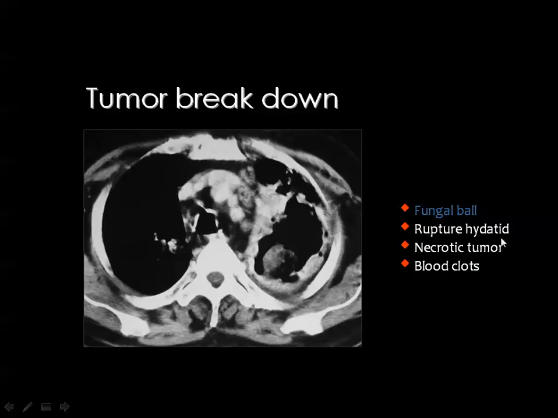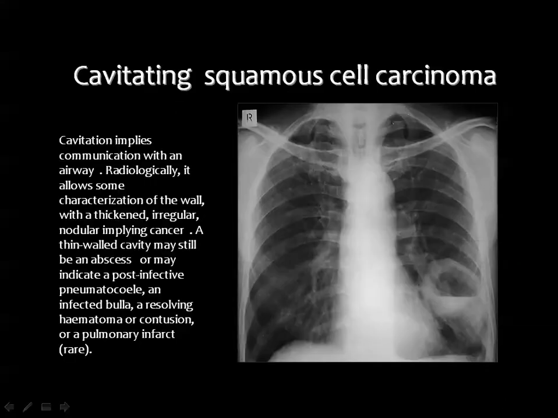And the hydatid cyst can rupture in two ways. The slow rupture will result in collapse of the endocyst into the original cavity, forming a ball, and this is rarely seen in clinical practice. But acute rupture will result in an air fluid level which is wavy in appearance.